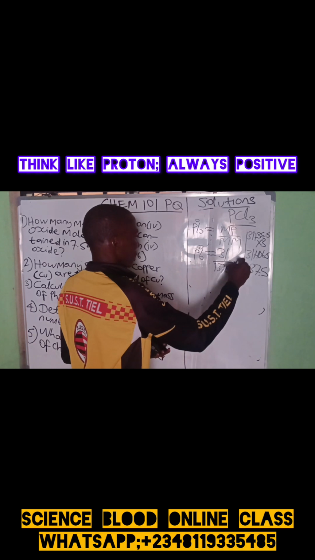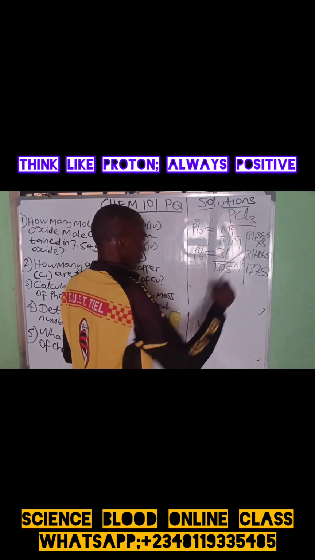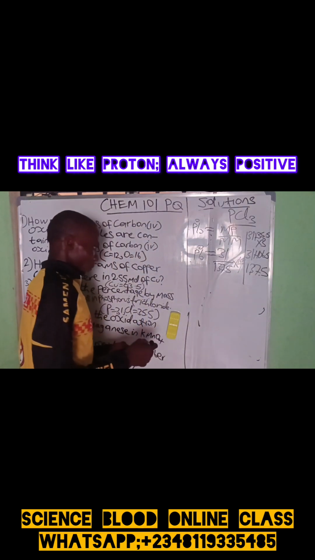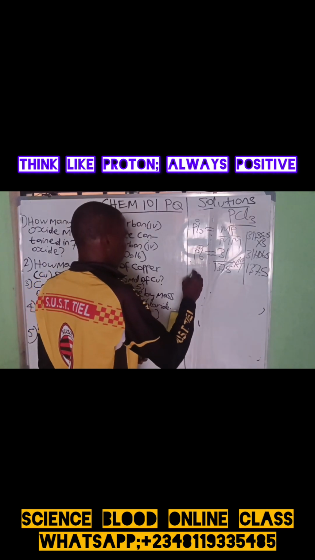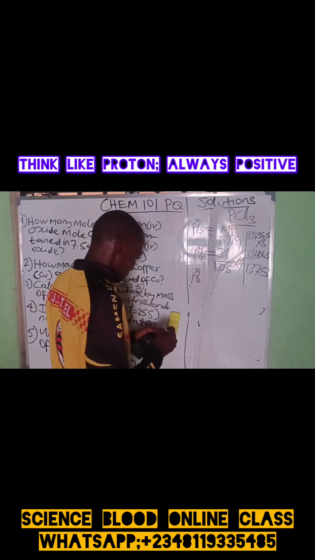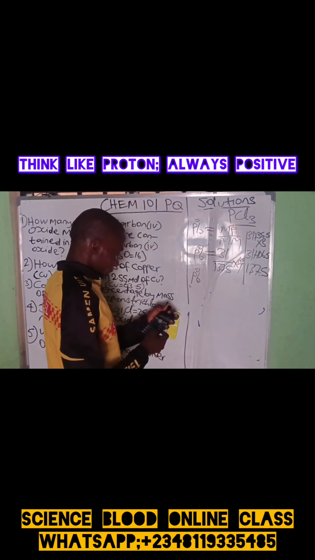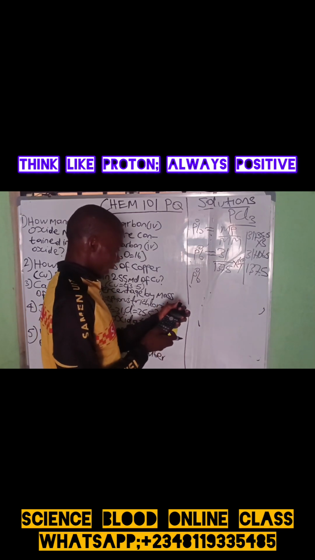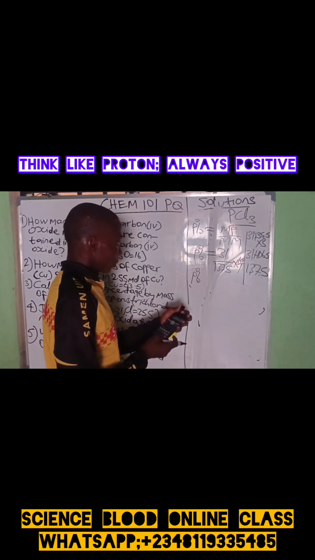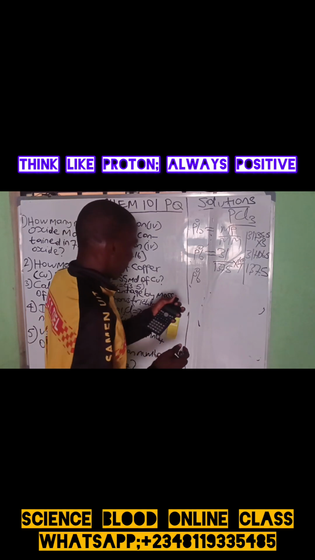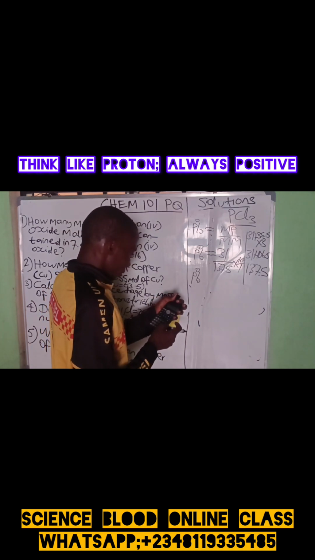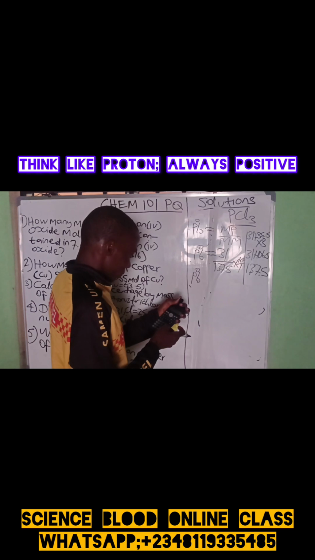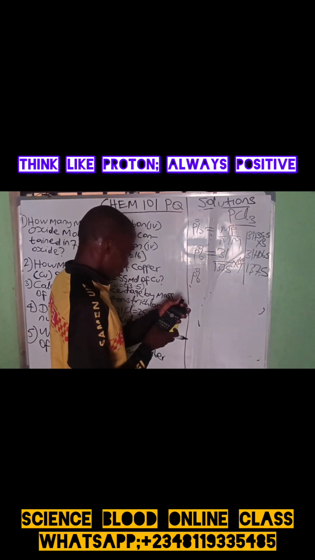Okay, let's continue. So here's supposed to be 137.5. Multiply everything by 100 over 1. Therefore, percentage of phosphorus, we now have 31 divided by 137.5, then multiply by 100. So look at what we are having here.